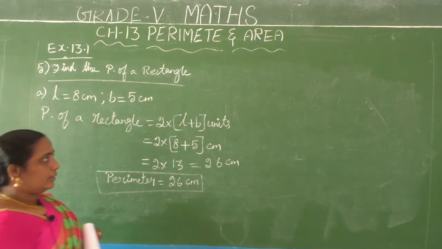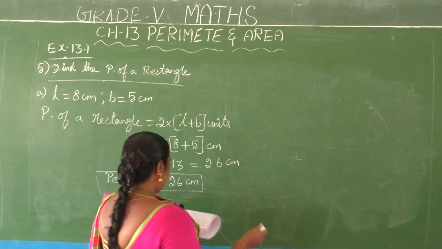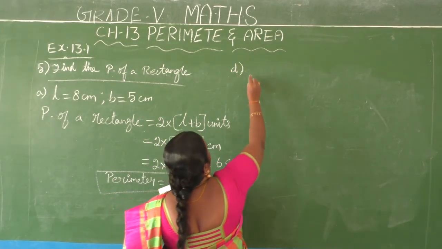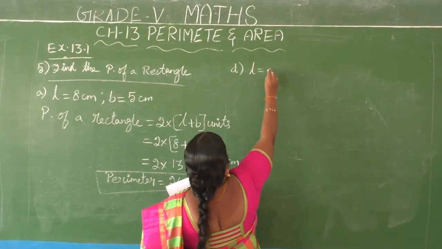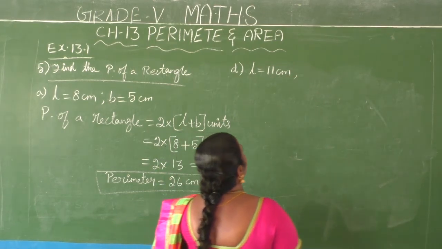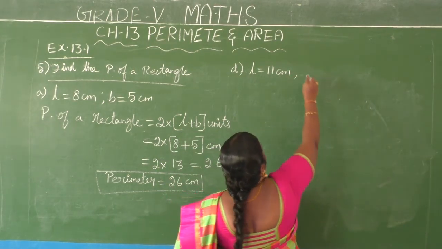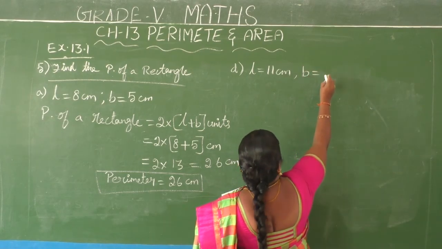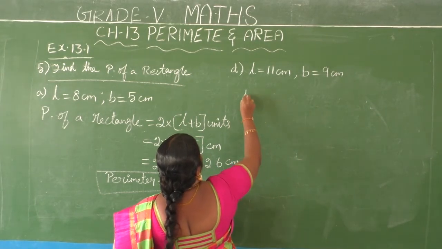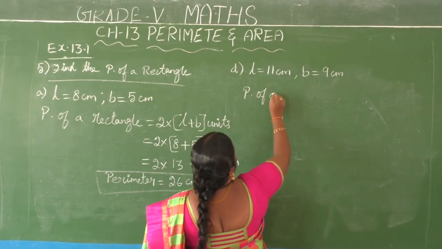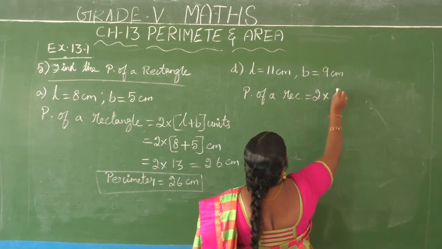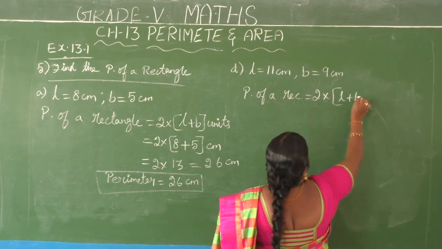Okay. Then in the same Roman I am going to teach D1, D sum. They gave the length 11 centimeter. They gave just 11 only, but already they gave the measurements in the heading. Breadth they gave 9 centimeter. So formula: perimeter of a rectangle equal to 2 into L plus B units.